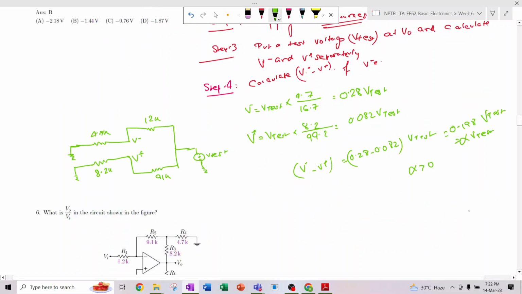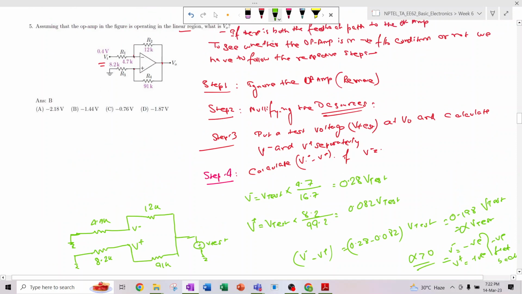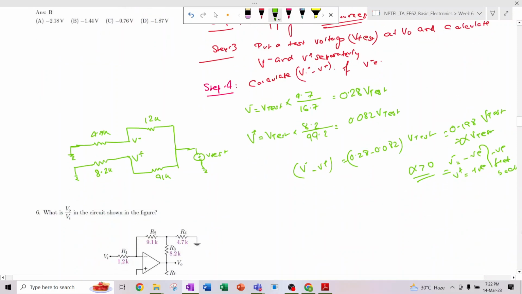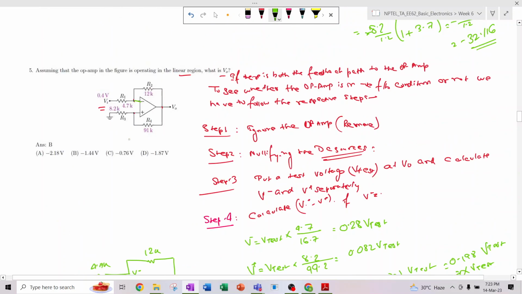If alpha is greater than 0, and also the V minus terminal is negative and the V plus terminal is positive, then it is a negative feedback. So you can see that V minus is connected to the negative terminal of the op amp, and the V plus terminal is connected to the positive terminal.